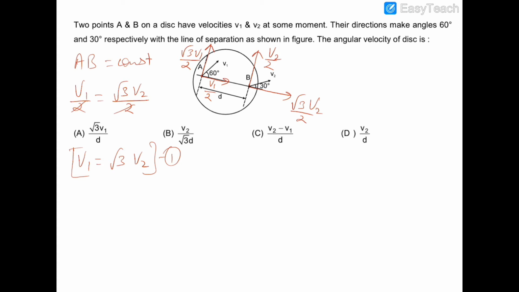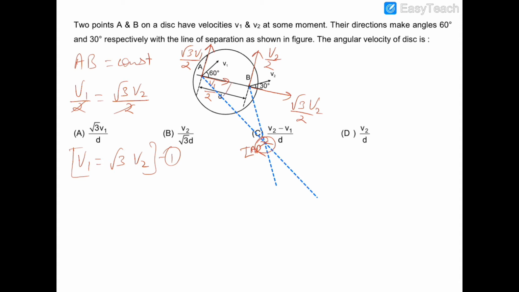Now in this question, if we locate the IAR, instantaneous axis of rotation, then we have to draw the perpendiculars to the velocities, and hence these are like that. The point where these two perpendiculars intersect would be IAR, because any two radii always meet at the center of the circle.